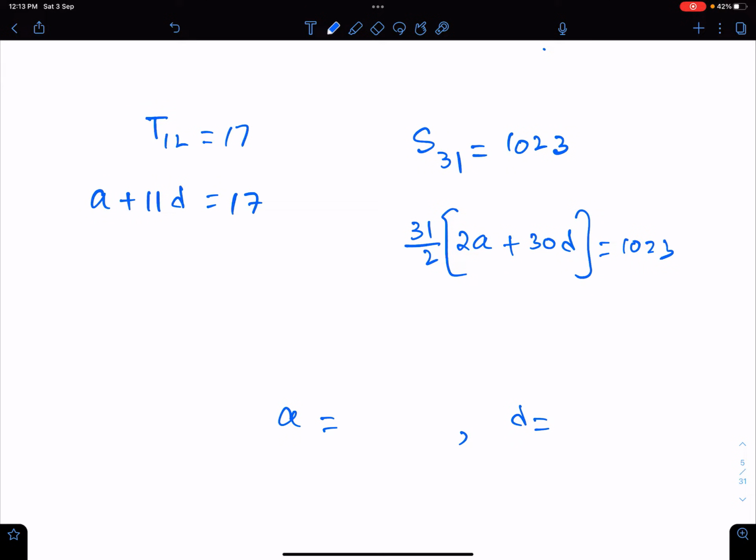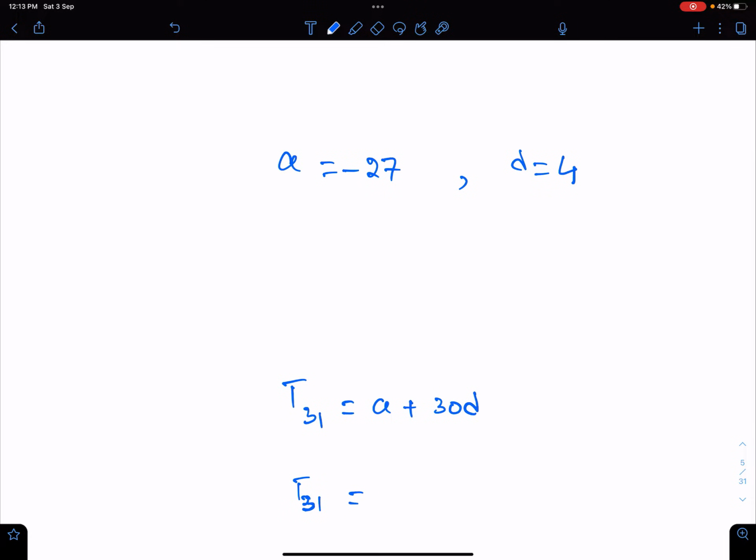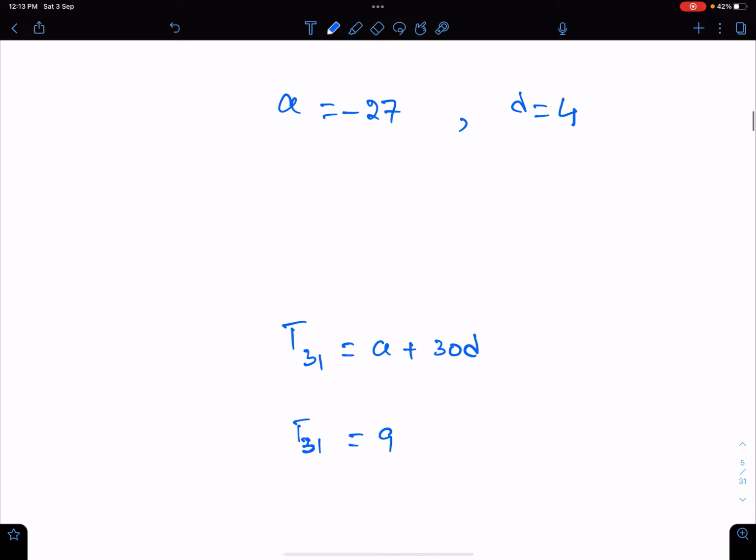And the values of a and d are, d is 4, whereas a is minus 27. Hence, this is 93.